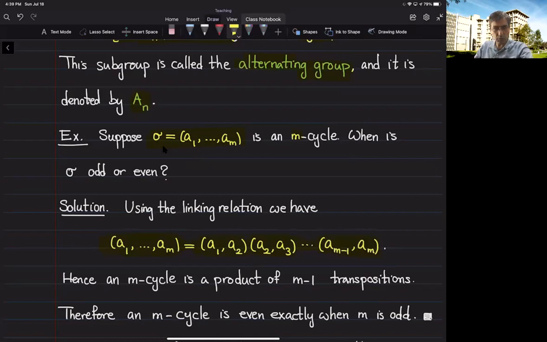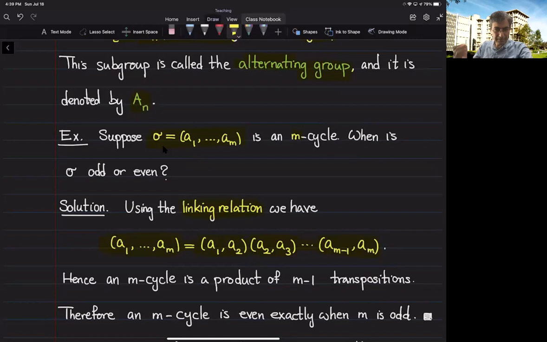So I'm not going to go over the argument again, and I simply say that using the linking relation, we can write down this M cycle as a product of M minus 1 transpositions, as we are doing right here.